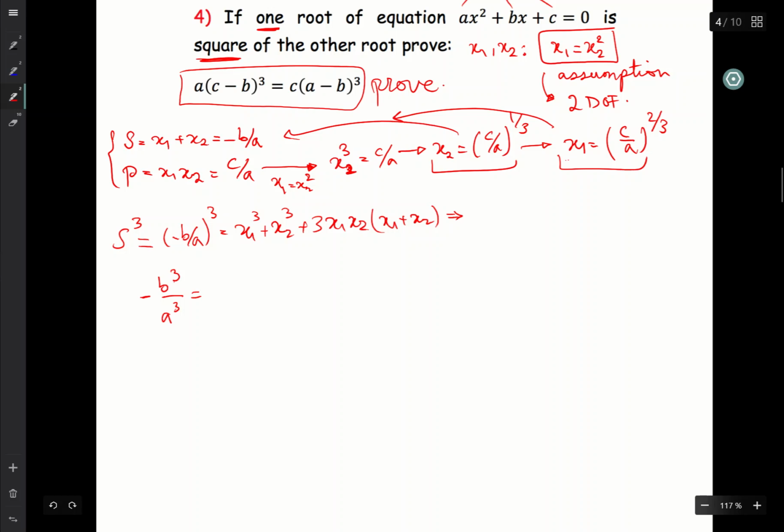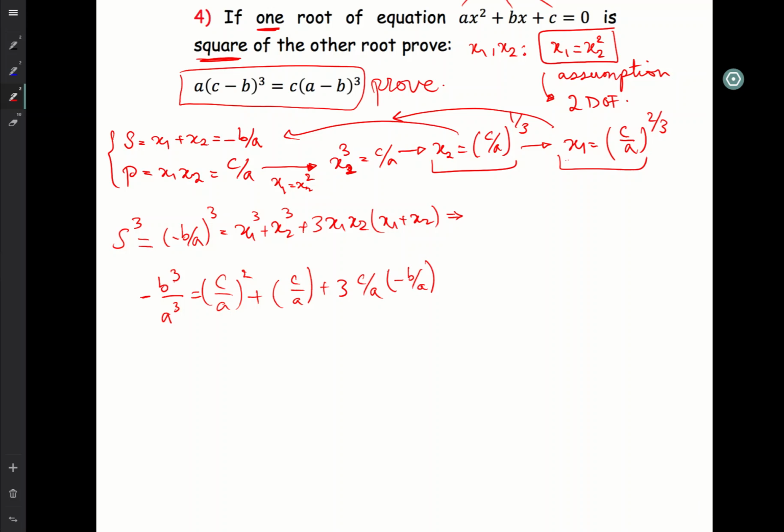So x1 cubed is c over a squared, plus x2 cubed is c over a, plus 3 x1 x2, which is c over a, times x1 plus x2, which is minus b over a. So this is the relation.